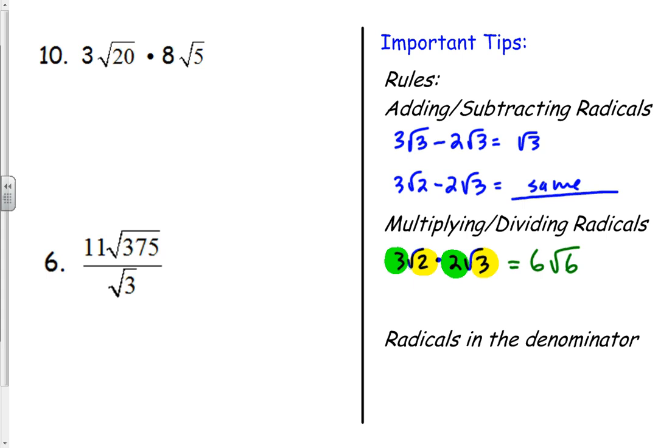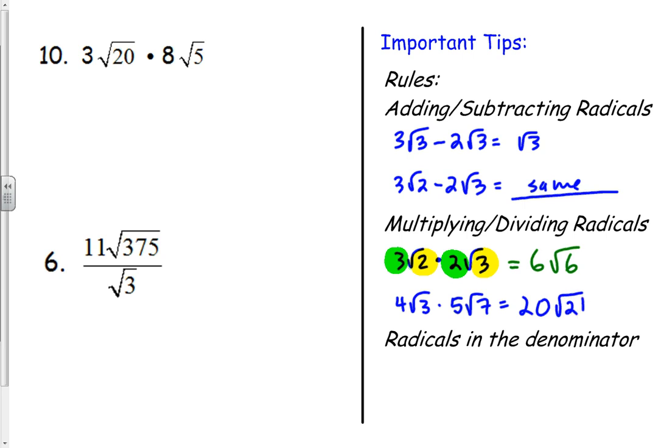All right, using different numbers, say 4 root 3 times 5 root 7. If I had to multiply those, I would get 20 because I multiply the 4 and the 5, and then root 21 because I multiply the root 3 and the root 7.